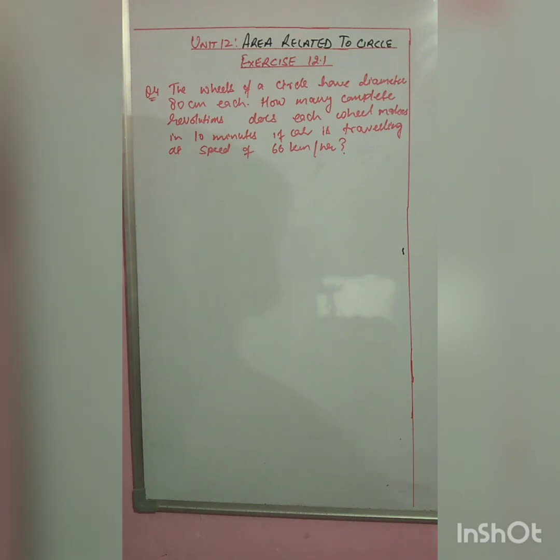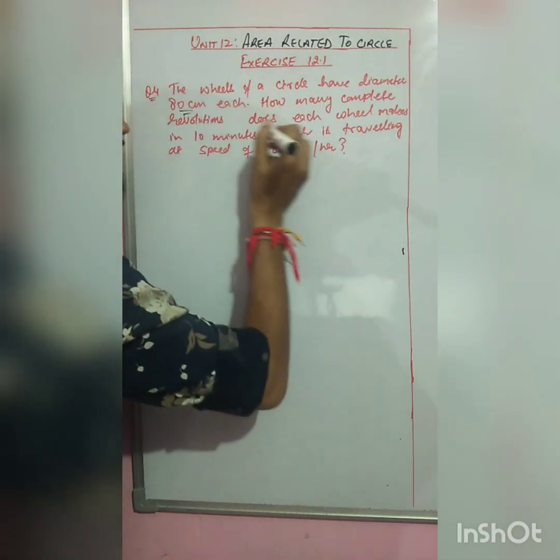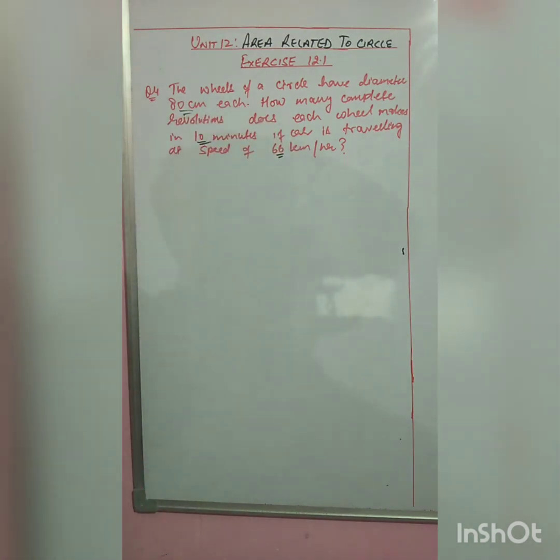Here we are given a wheel with diameter 80 centimeter, and we have to find how many revolutions it makes if it travels for 10 minutes at the speed of 66 kilometer per hour.